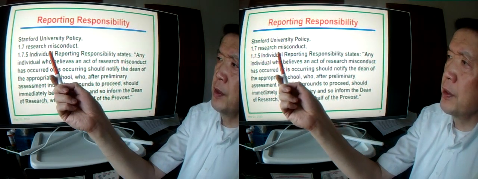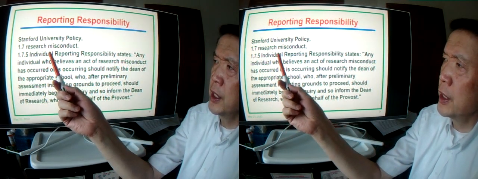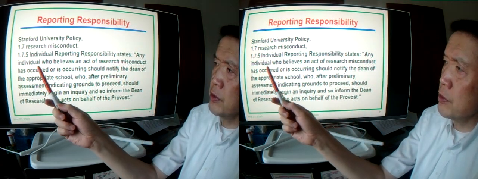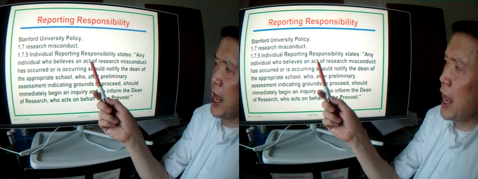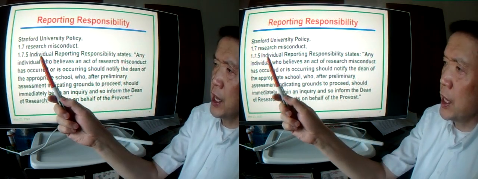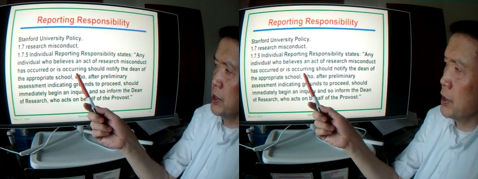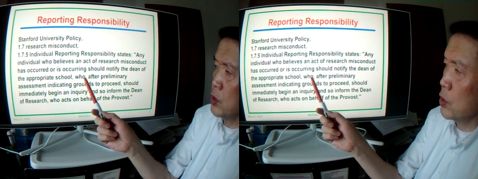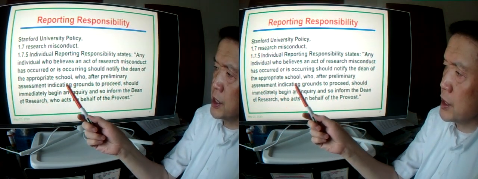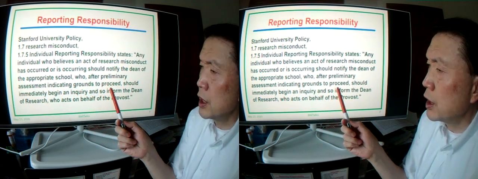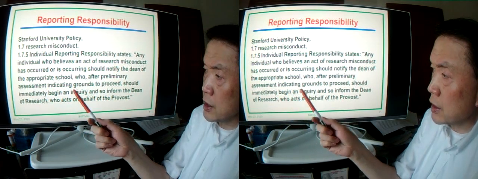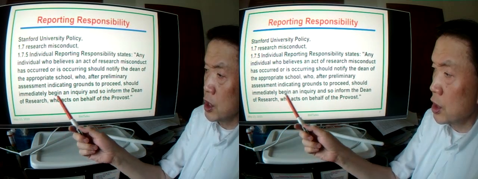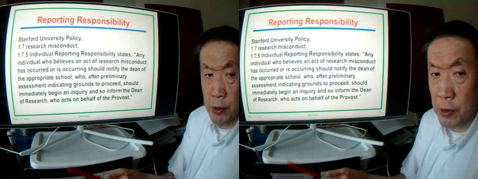Stanford University policy on research misconduct, individual responsibility, states any individual who believes an act of research misconduct has occurred or is occurring should notify the dean of the appropriate school, who, after a preliminary assessment indicating grounds to proceed, should immediately begin an inquiry and so inform the dean of research, who acts on behalf of the provost.